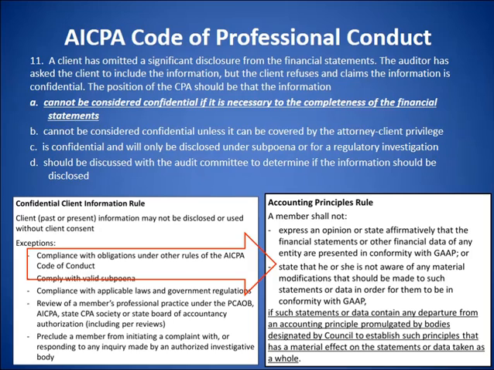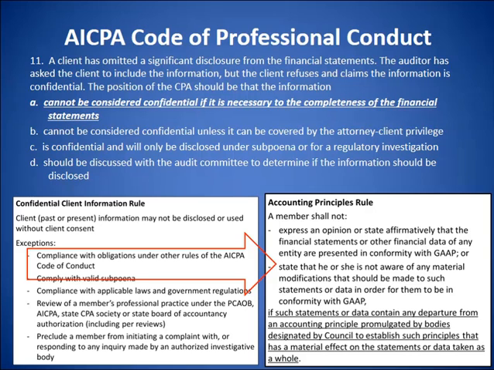Okay, the answer to number 11, again, a client has omitted a significant disclosure from the financial statements. The auditor has asked the client to include the information, but the client refuses and claims the information is confidential.